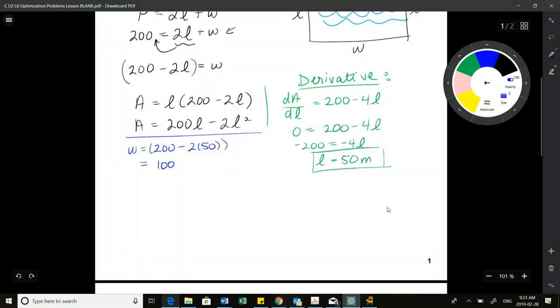And it looks like we're getting 100 for width. Yeah, we found the derivative of the area. Okay, so the dimensions that will maximize are a length of 50 meters and a width of 100 meters.